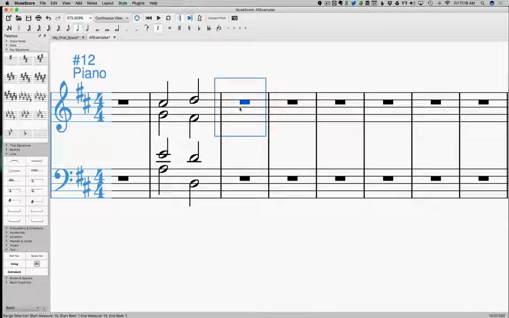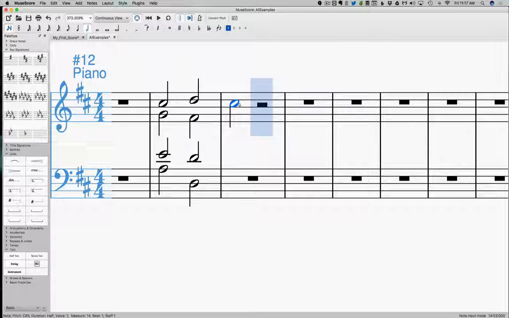Let's do it one other way, which is to spell our 5/7 chord a little weird. Okay, here's my 5/7 chord, now in root position.